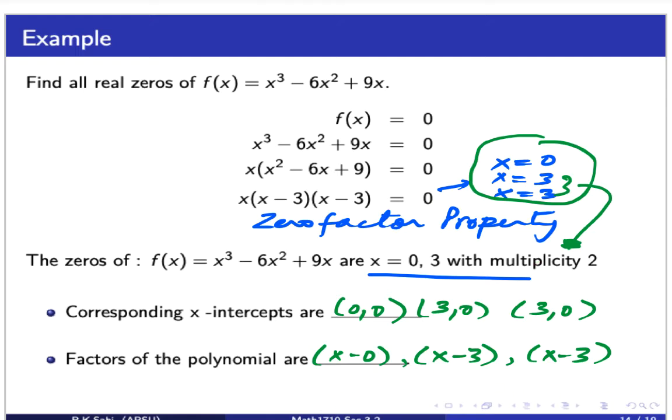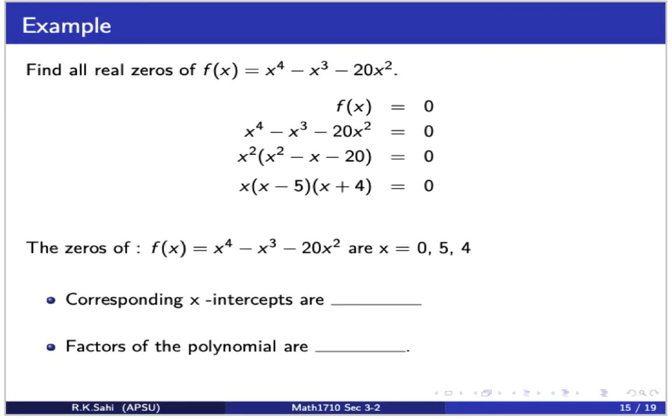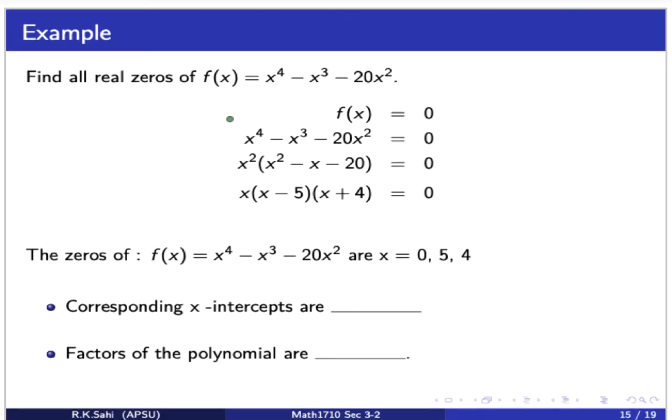Now let's look at a higher degree polynomial. So here we're going to look at a polynomial of degree 4 and find the real zeros of this function. This 4th degree polynomial is given by x to the 4th minus x cubed minus 20x squared. We're looking at real zeros. So real zeros means what, guys?